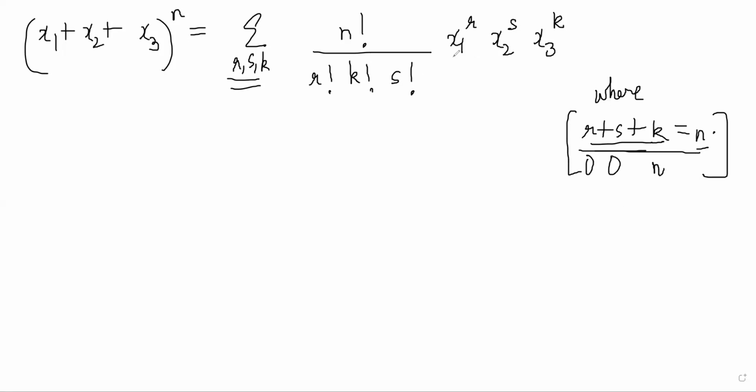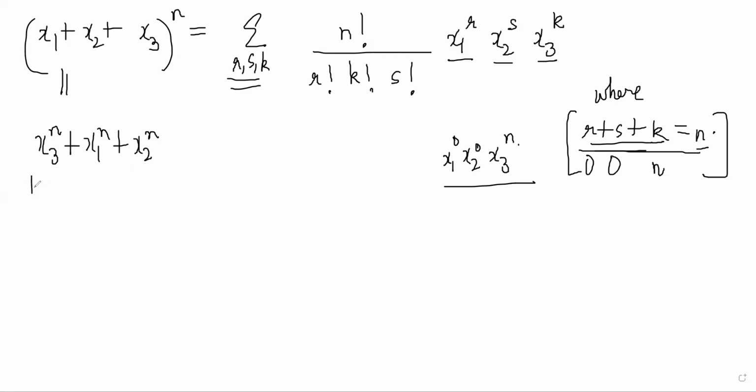That will end up giving you the term x1 power 0, x2 power 0, and x3 power n. Basically, you could have one term in this expansion which is x3 power n. You could have x1 power n also, you could have x2 power n also, but you will also have terms like x1, x2, x3 power n minus 2.